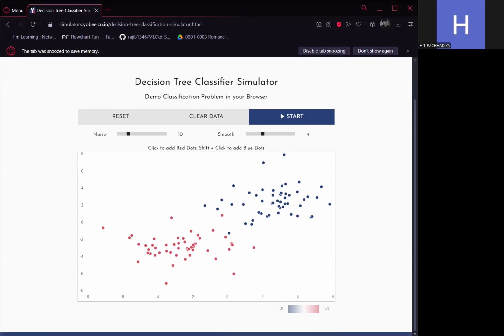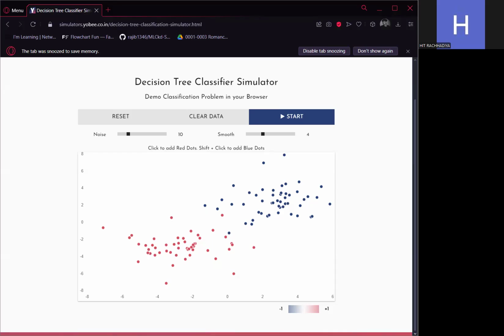Then how does it work? At each node, the data is split into subsets based on the feature and threshold value that optimize the splitting criterion. So this is about the decision tree. Then how does the decision tree select the feature for classification?